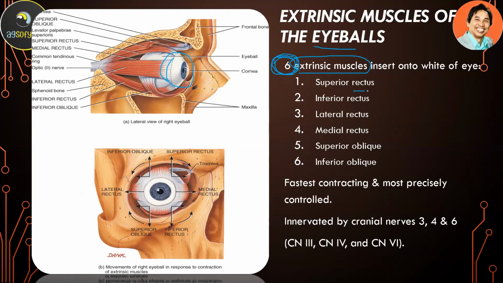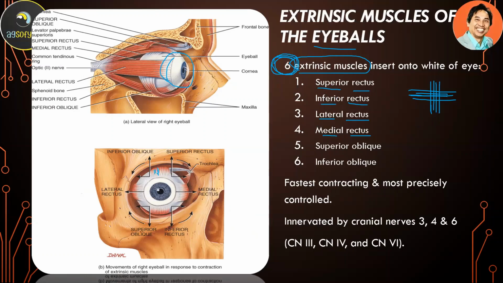Four of them are called rectus. Rectus means straight, like horizontal or straight vertical. So this is what we call the rectus muscle. There will be 4 of them: superior, inferior, lateral, and medial. Superior means straight on the top.